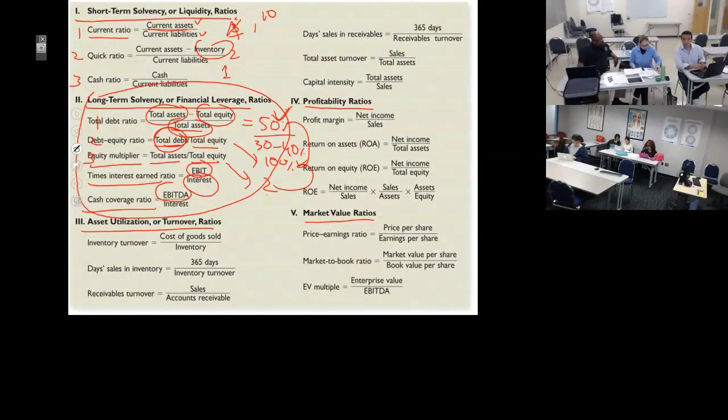What is the second? Debt equity ratio. Total debt over total equity. Where is total debt? It's like 80,000, long-term debt. Which is total liabilities.